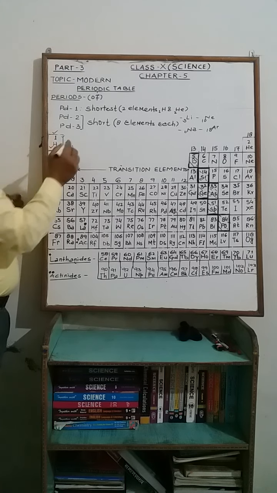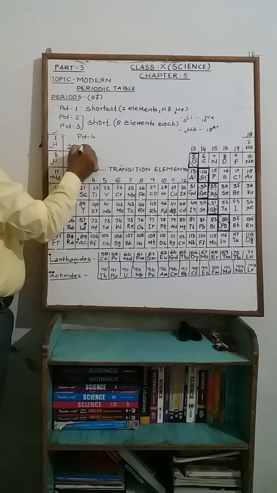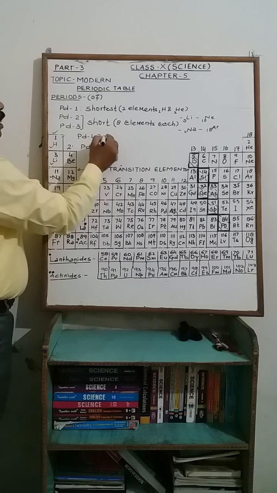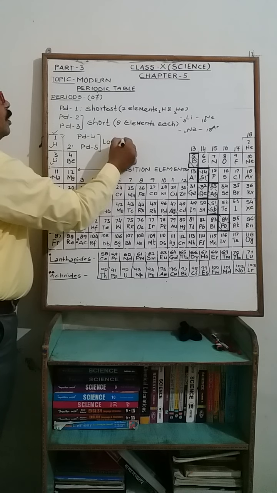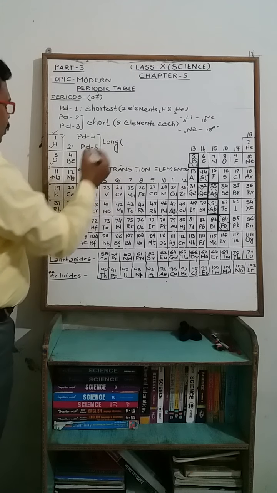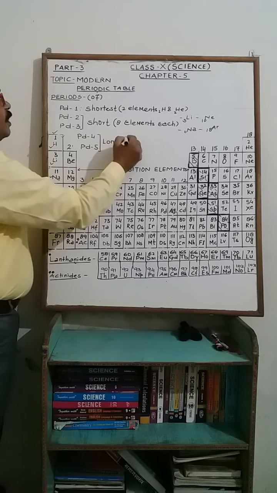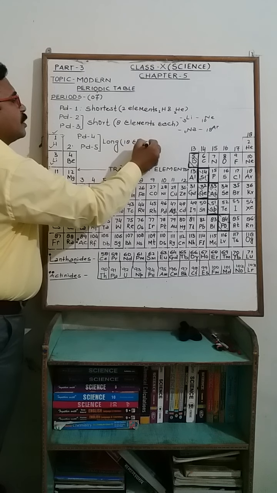Now we move on to the fourth and fifth periods. Period fourth and period fifth are known as the long periods. Why? Because each of these periods, period 4 and period 5, has 18 elements.